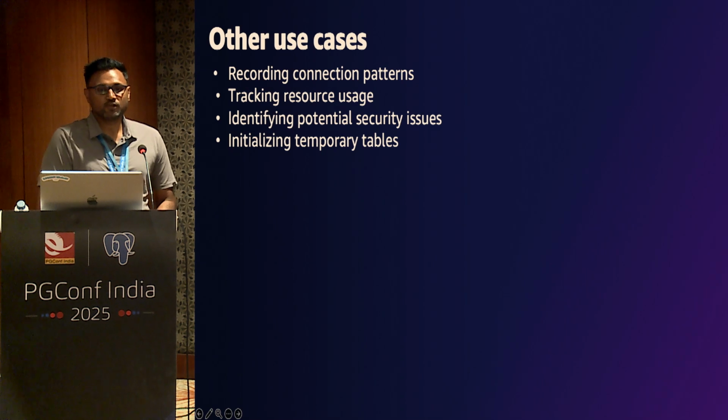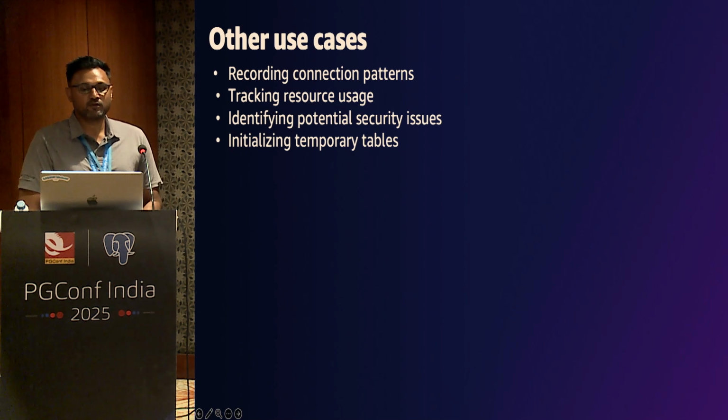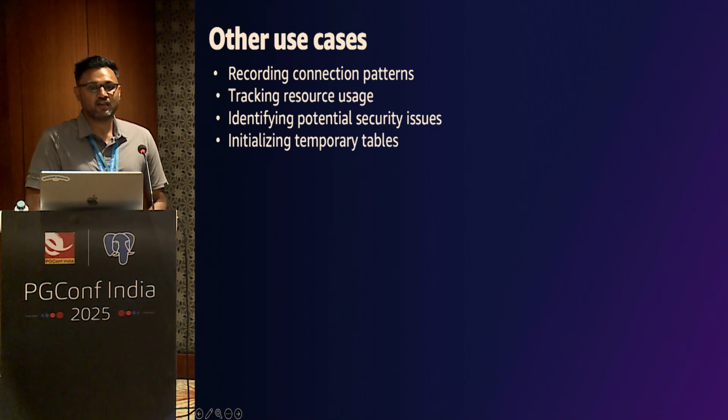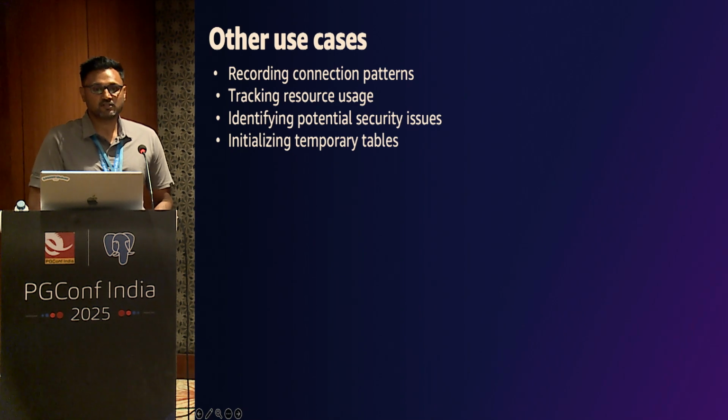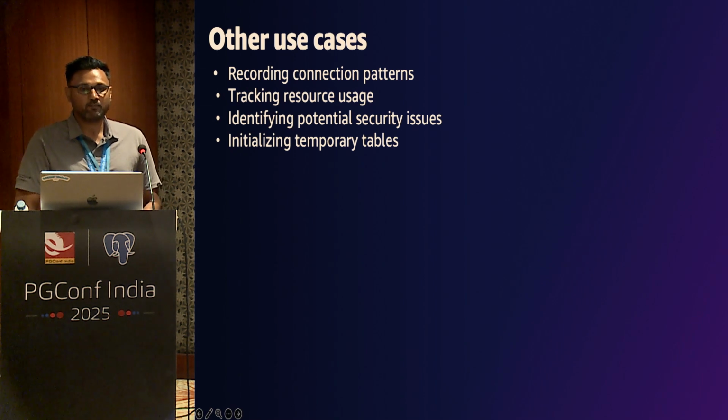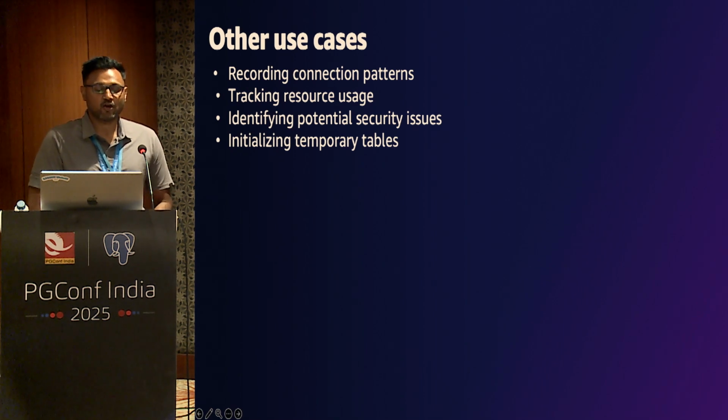Tracking resource usage is also something you can do as a part of the login event trigger. As and when you log in, you can also log the information related to what configuration variables and session level parameters we are setting. Those values can be logged in the logging table as well.